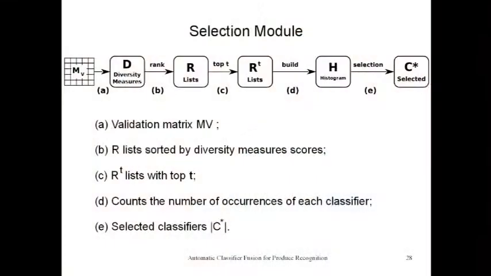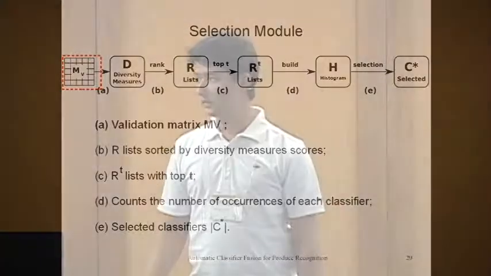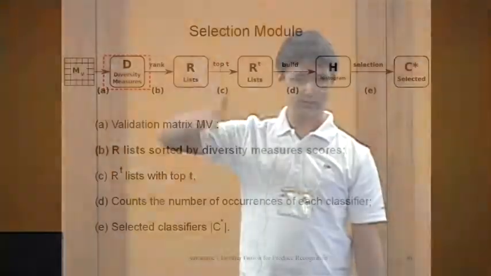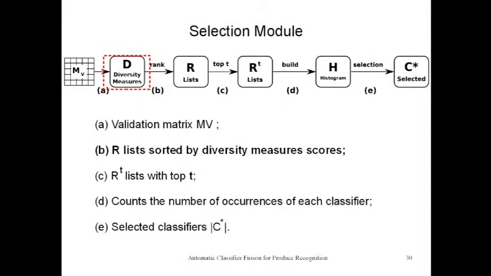The validation matrix is the input. We use this information to compute the diversity measures, and for each diversity measure, we have a ranked list of couples of basic classifiers.